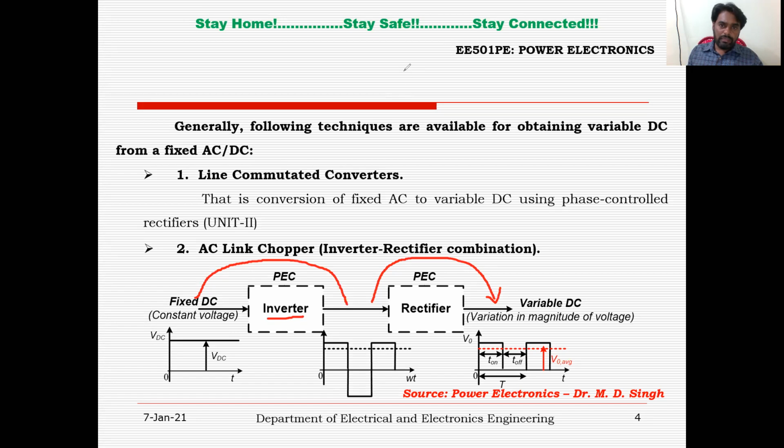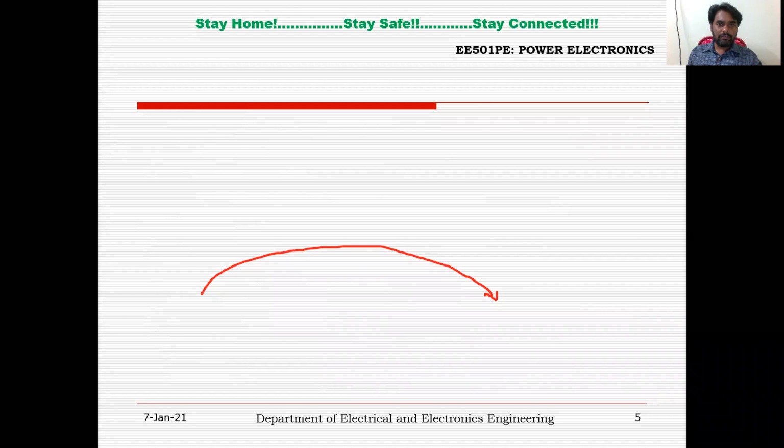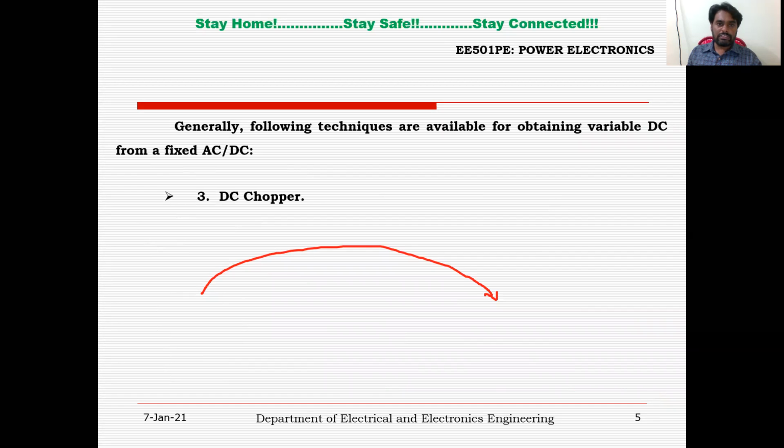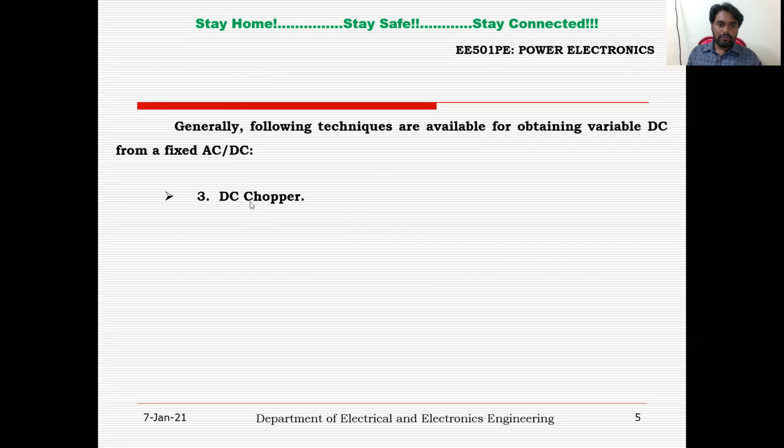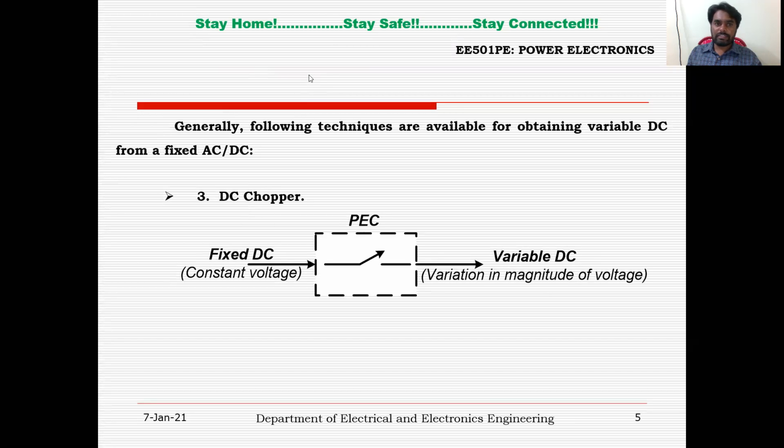In order to avoid these drawbacks, if you want to convert fixed DC directly into variable DC, we use a DC chopper. So let us see the equivalent of this DC chopper. It is called a single stage conversion.